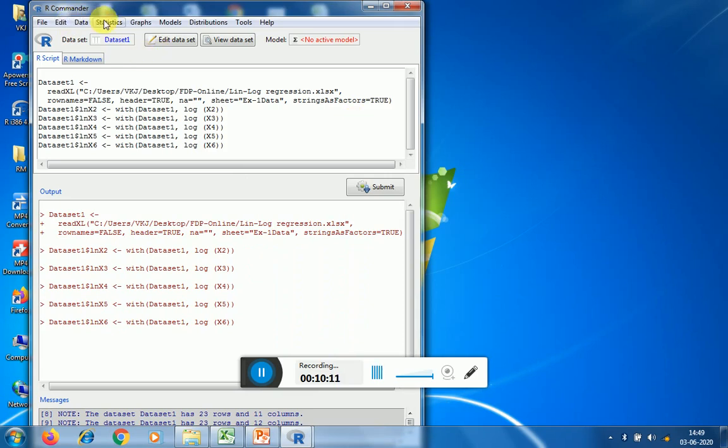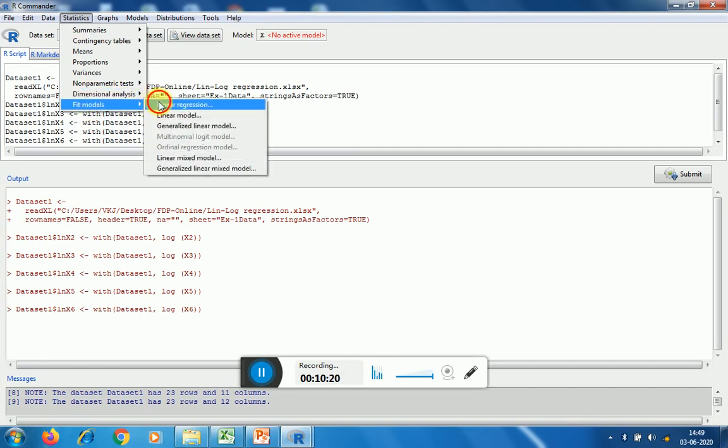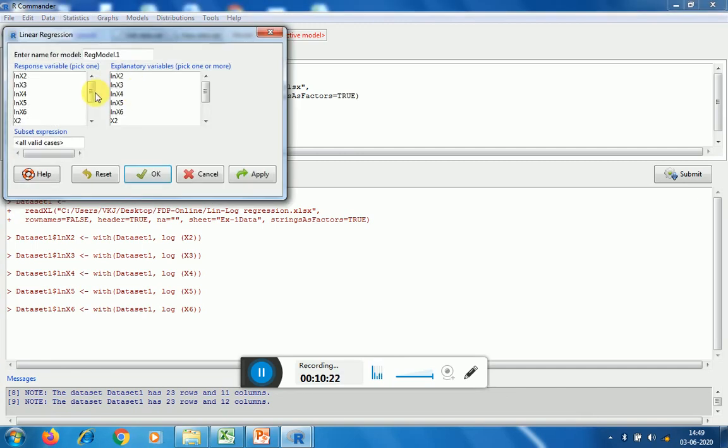Now click on statistics, then fit model, linear regression. Now here you select your y, which is in absolute terms, and then I select all the variables at a time.